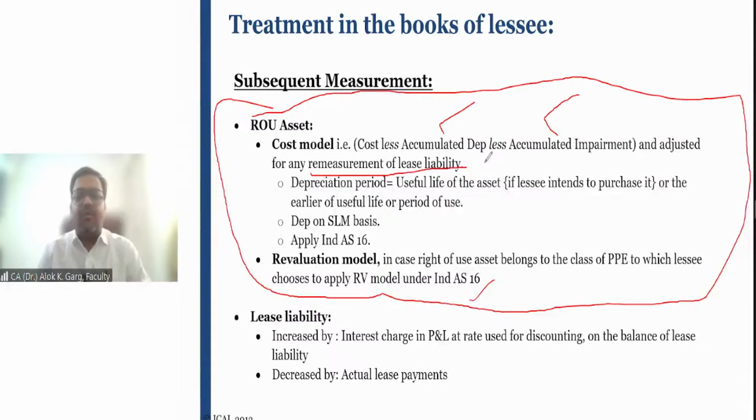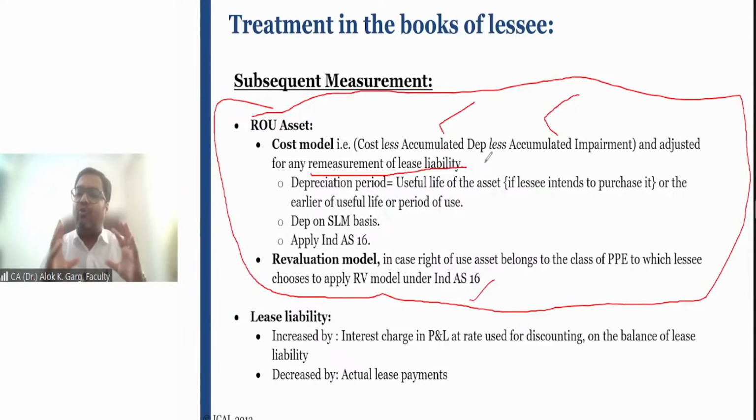So after 2 years, COVID came and my business was badly, severely impacted. Now I have to shut down my office. But since this was a non-cancelable lease term, even if I exit today, I have to pay the lease rental of the remaining 3 years to the lessor.